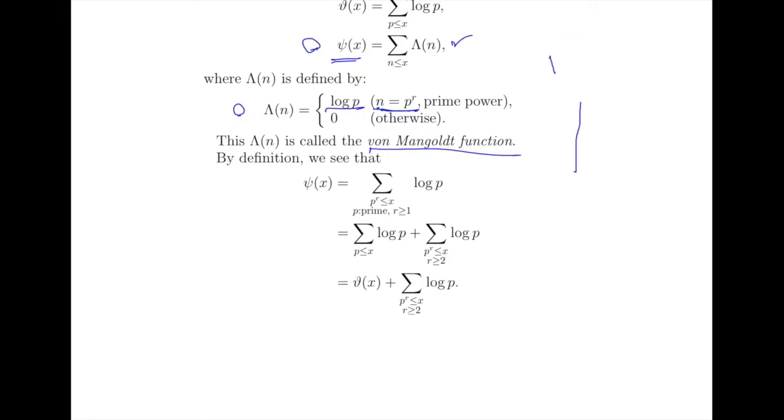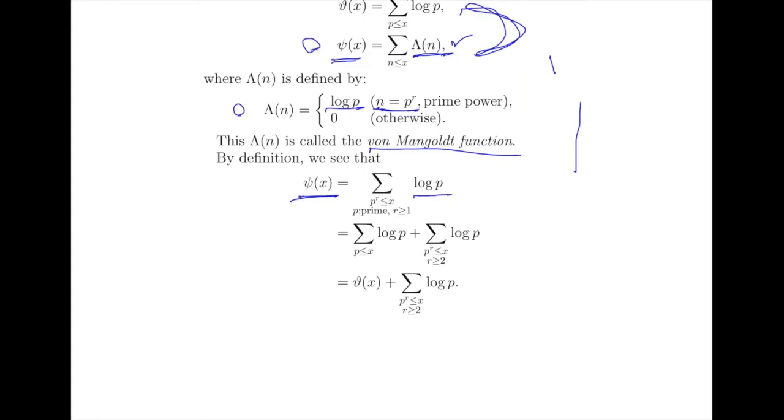These two functions are closely connected, because psi(x) is the summation of lambda(n), but lambda(n) only has a value when n is a prime power. Therefore it is the summation of log p over all prime powers p to the r less than x.